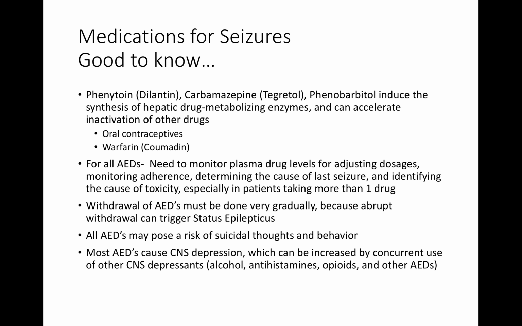All that big phrase means is it increases our liver drug metabolizing enzymes and can accelerate inactivation of other drugs, because we know a lot of drugs are metabolized in the liver. Examples are oral contraceptives and warfarin or Coumadin, a major blood thinner. So it's good to know, so we can tell people who are on these that they may have trouble with birth control, or if they are on blood thinners.